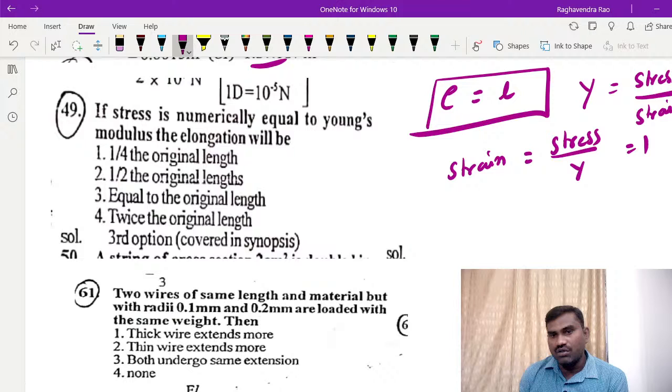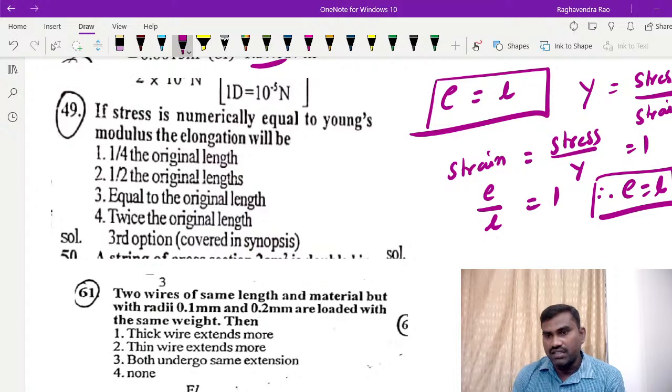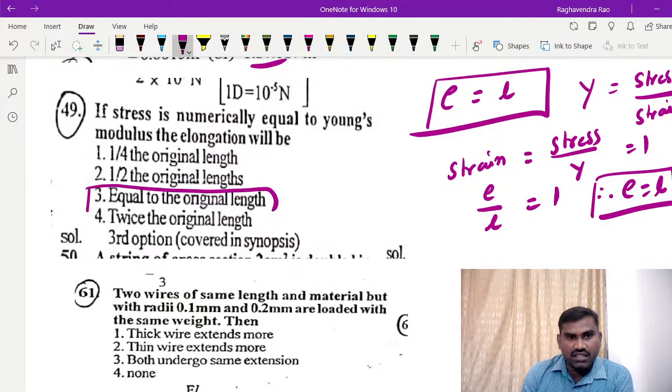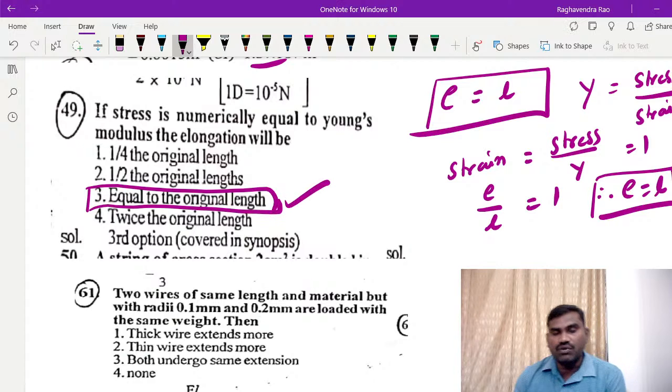So E by L is equal to 1, since strain is nothing but elongation by original length. Therefore, E is equal to L. The elongation produced in the wire is L, the final length will be 2L. The elongation is 100%, equal to the original length.